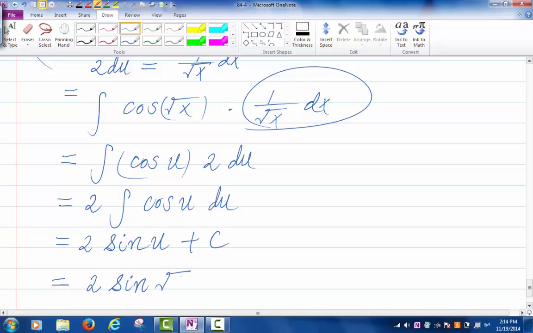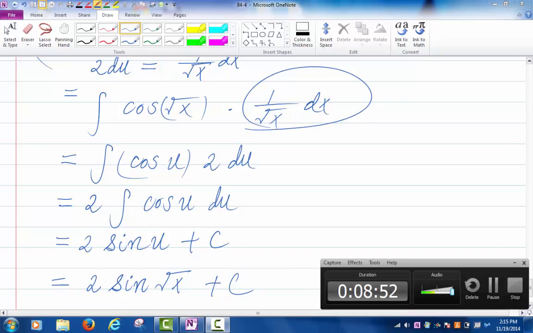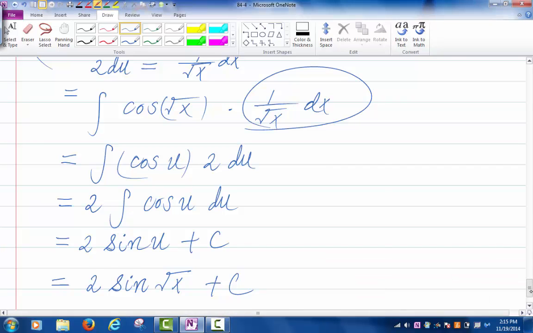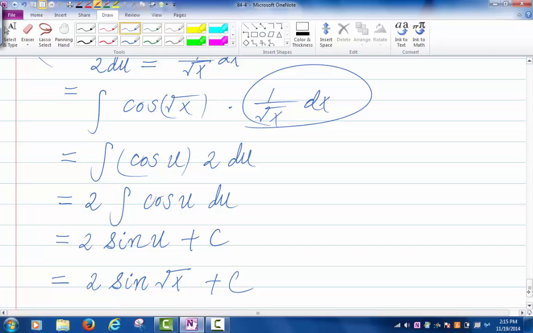Replace u with root of x, and that's the integral. Okay, is everyone okay with that? Any questions on that example? Any questions on that? No?